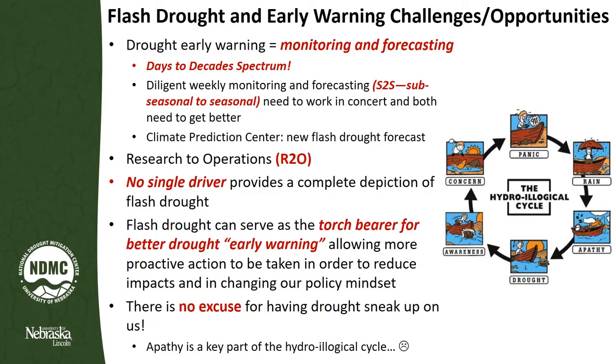Very potentially large spatial footprints over large areas, and potentially large temporal footprints over months, years, or in the case of megadroughts, even decades. So the challenge is there. New products are starting to be rolled out and evaluated. CPC, or the Climate Prediction Center, is looking at a new flash drought forecast capacity.